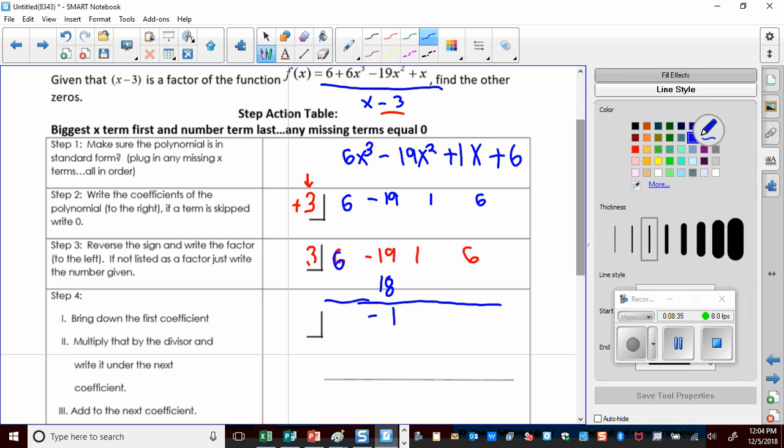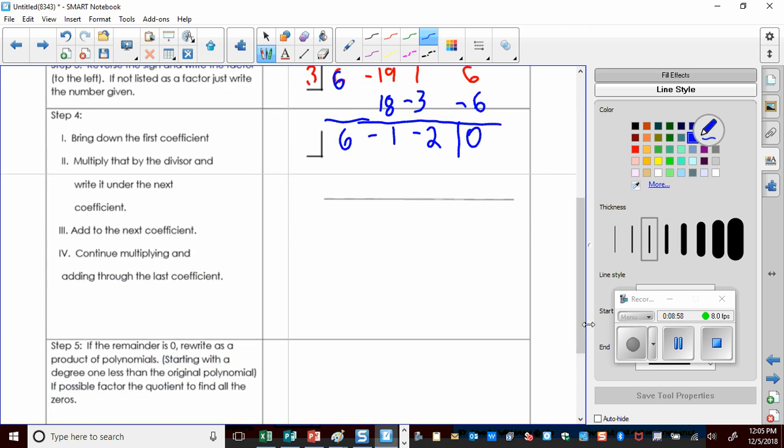So I get 6, negative 1. All right. So 3 times negative 1 is negative 3, and I get negative 2. Negative 2 times 3 is negative 6, and I get 0 as my last term.